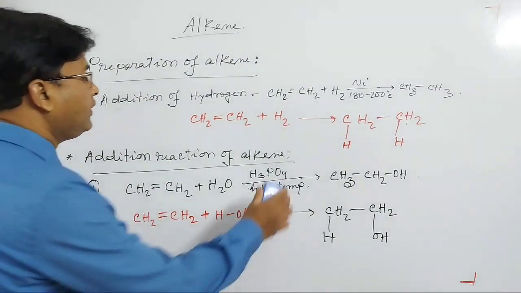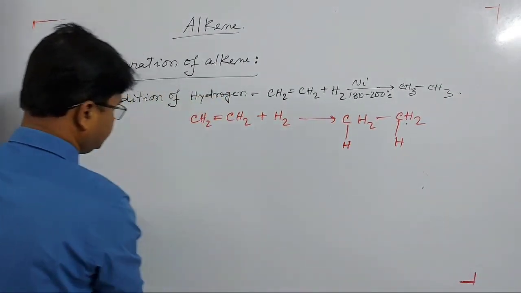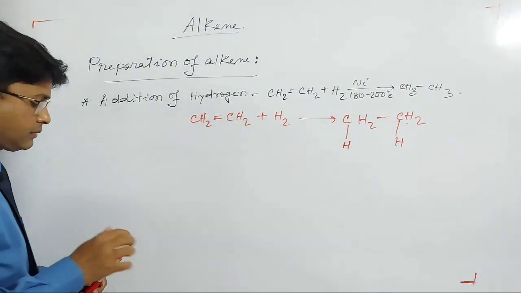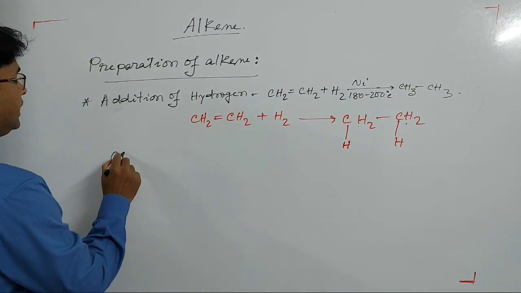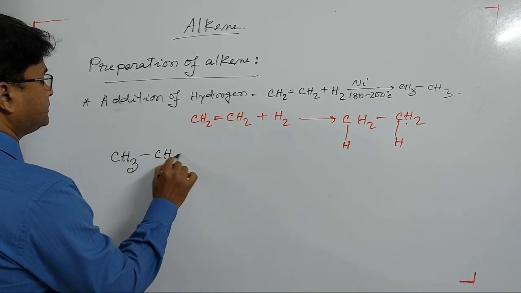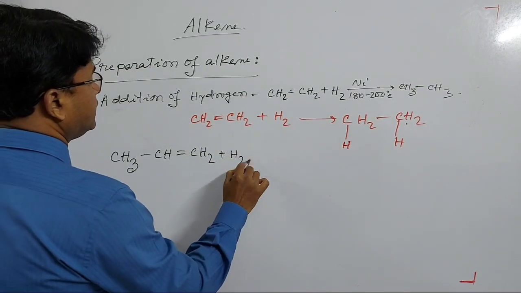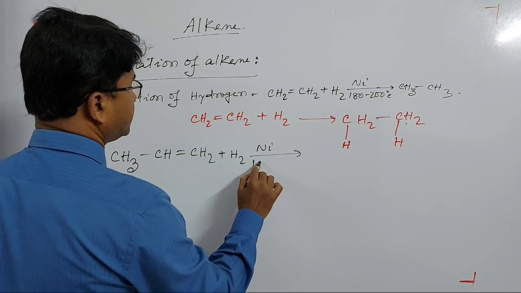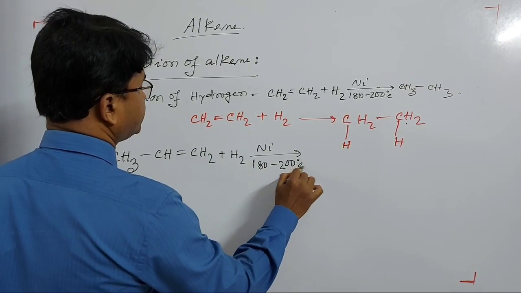And if I increase the number of carbon atoms, what will happen? I would like to write here propene, and hydrogen gas is passed in the presence of nickel catalyst at 180 degree to 200 degree centigrade temperature.